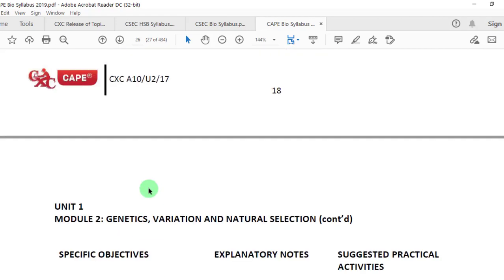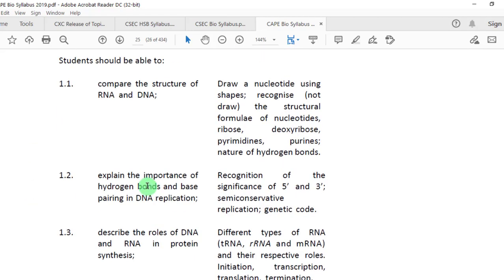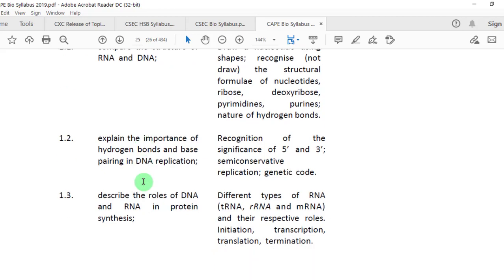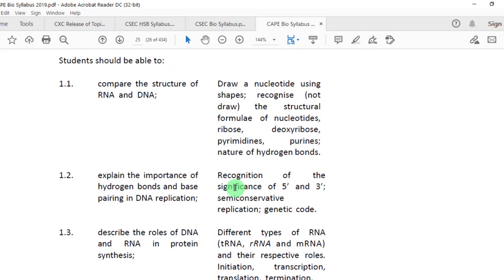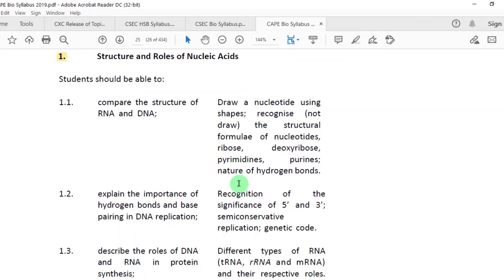And as I said before, especially when you have a small number of objectives, the detail that the question is going to test is going to be heavy. So pay close attention to those explanatory notes.